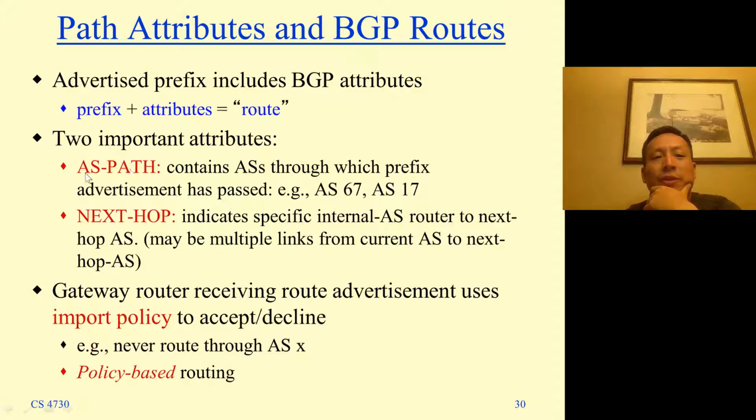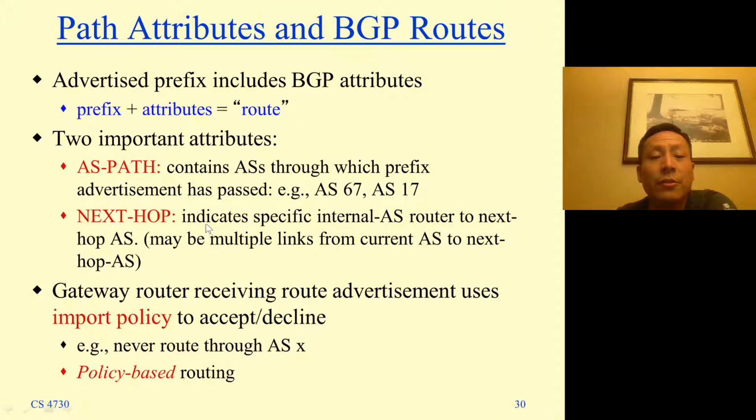One is the AS path, basically telling you which AS numbers you need to go through to reach a specific prefix. It's like a path, not in the sense of each router's path, but how many autonomous systems you have to go through. Each autonomous system has a number, right? So you have to go through this AS first and then the next. So it's the AS path, a high-level path.